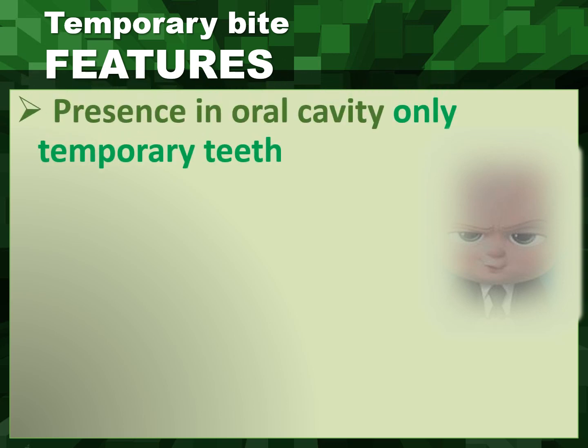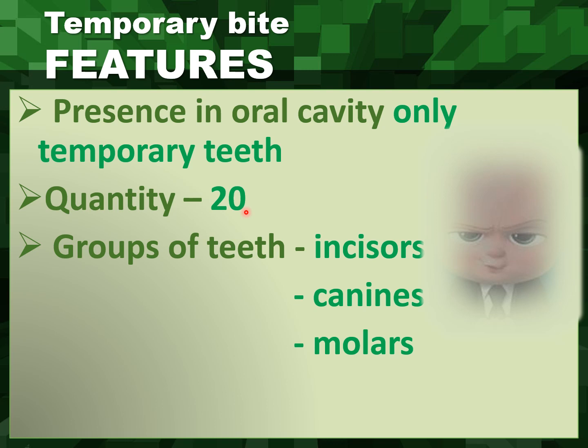What are the features of this period? First one, in the oral cavity are present only temporary teeth. Second feature, quantity. In the oral cavity are present 20 teeth. Third feature, groups of teeth.